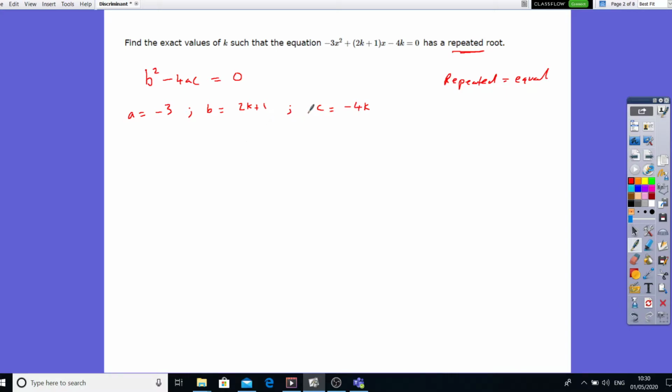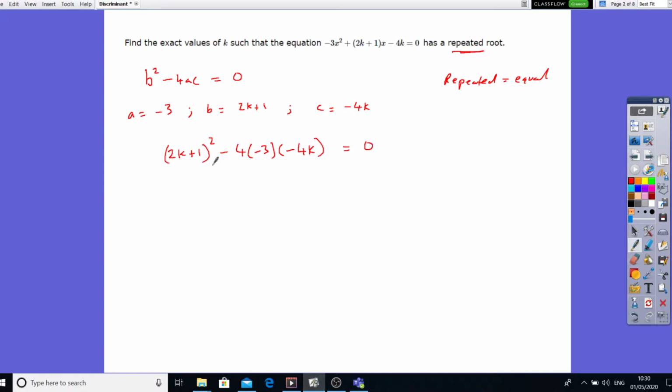Now, what we're going to do is sub these into our equation. So we get 2k plus 1, we're going to square all that, minus 4 times a, which is minus 3, and times c, which is minus 4k, and that is going to equal 0.